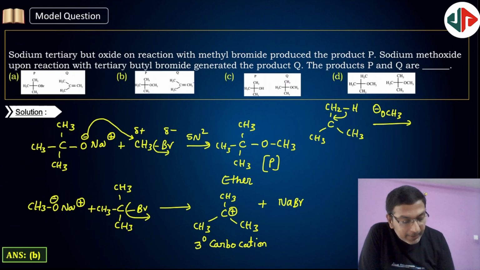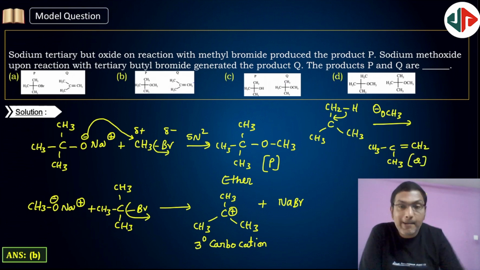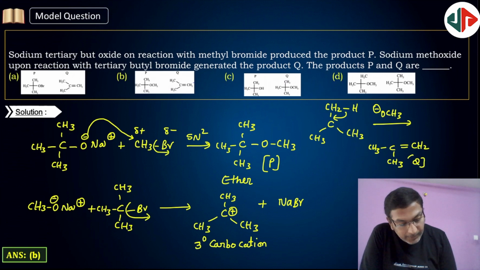Hydrogen will be eliminated. Therefore, finally it forms CH3 CH3 double bond CH2, which is Q. Here P compound is an ether, Q compound is an alkene.